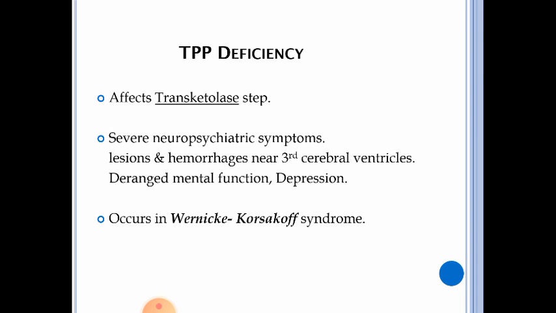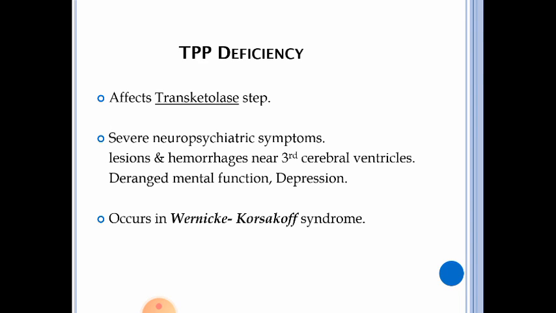It can occur in Wernicke-Korsakoff syndrome. The transketolase reaction is measured in RBC as an index of thiamine status in an individual. Thiamine is a vitamin, so the thiamine status will give you the transketolase activity in the individual.